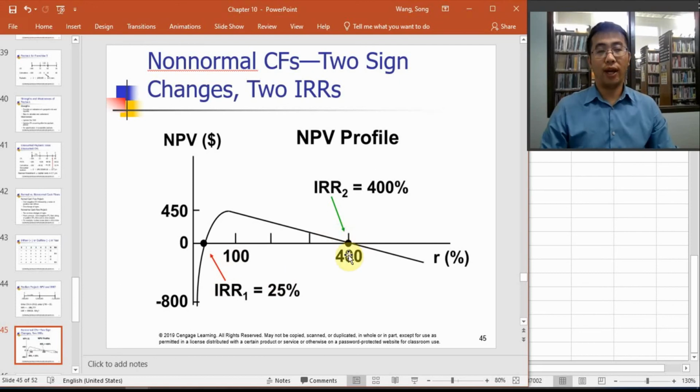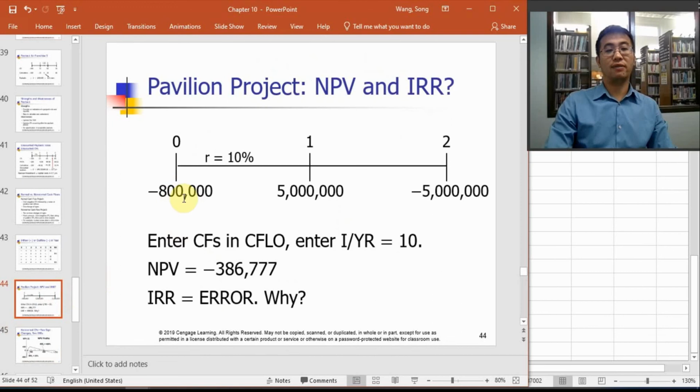This comes all the way to the definition of IRR, which is the discount rate that forces your NPV to be zero. So basically, when the IRR is 25%, you put it as the discount rate for the cash flows of negative 800,000, 5 million, negative 5 million. With a 25% discount rate, you will get a zero NPV. With a 400% discount rate, you will get a zero NPV as well.